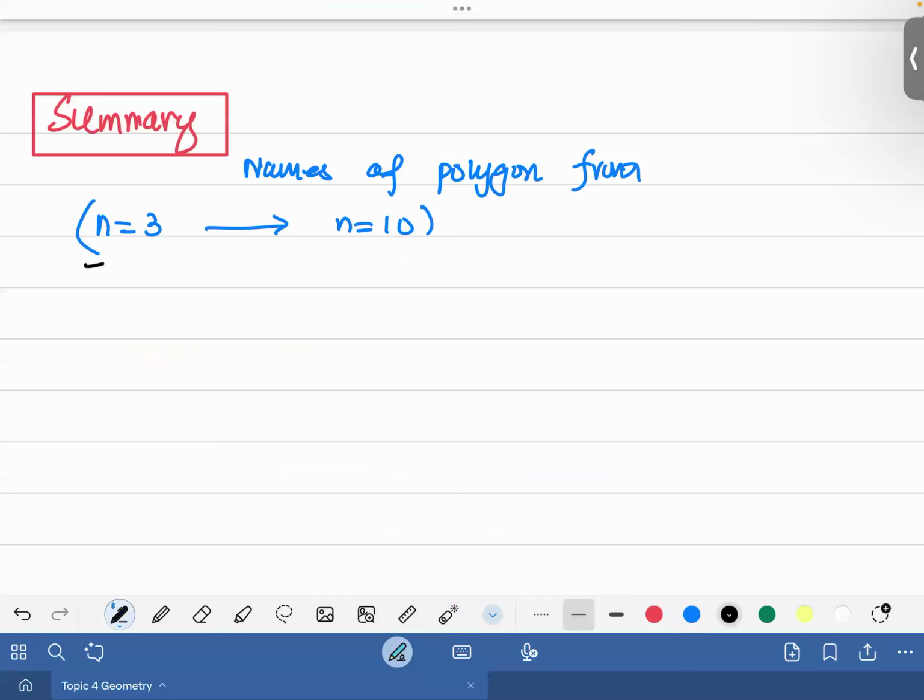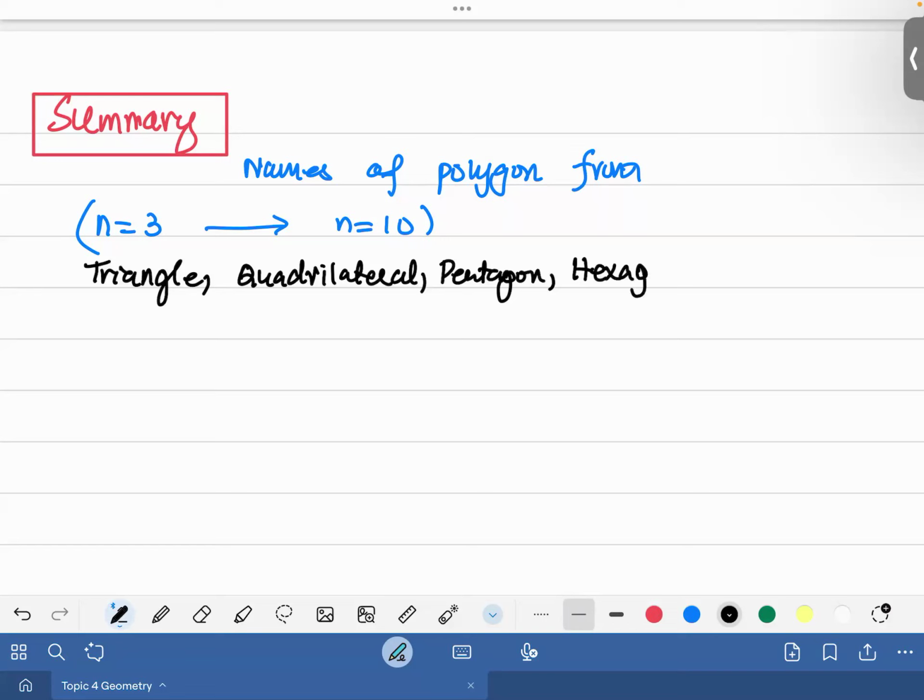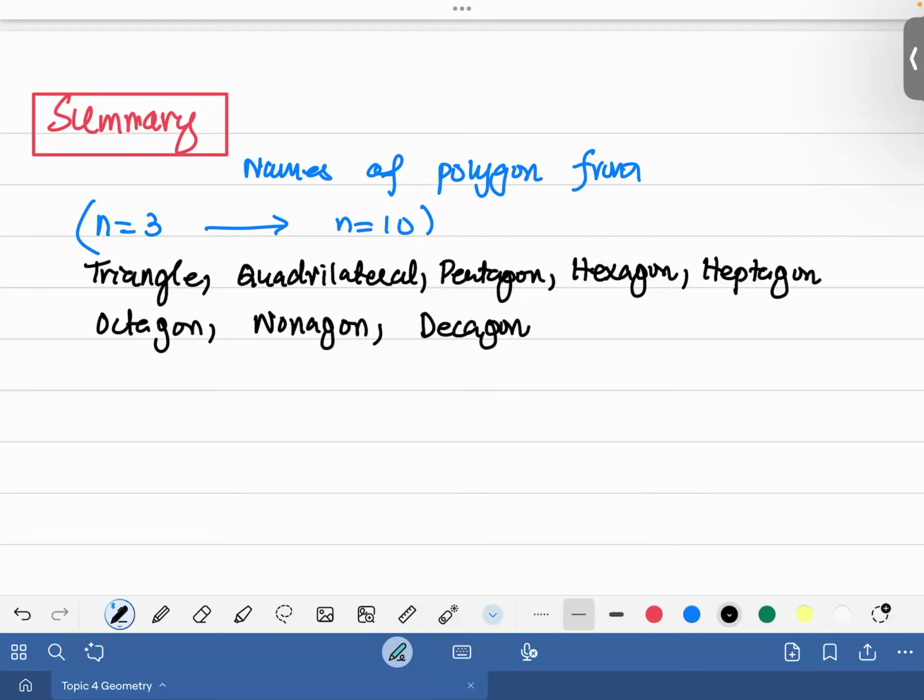The sequence is triangle, quadrilateral, four-sided, pentagon, hexagon, six-sided, heptagon, seven-sided, octagon, eight-sided, nonagon, nine-sided, decagon, 10-sided. So the examiner can ask you about these names. You should be aware of these facts.